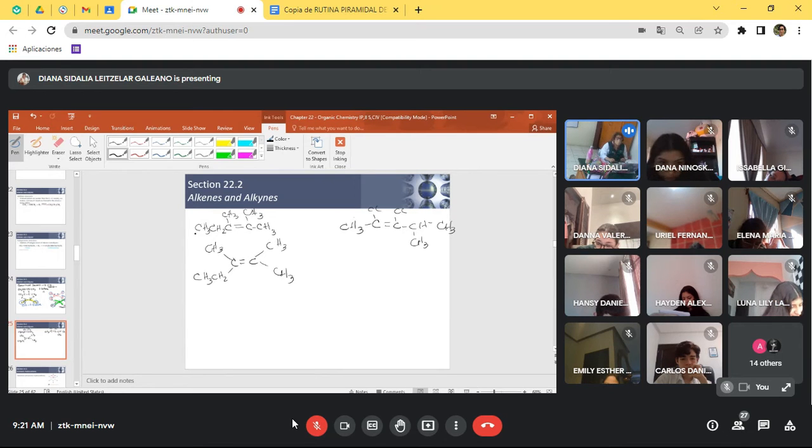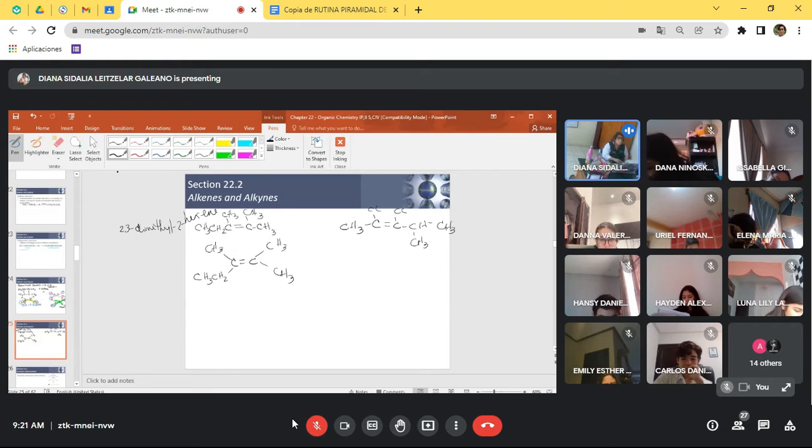So let's name it before we start. The name of this compound is... Before we start doing cis and trans, we have to name it. So it's easier to name it before we spread out the molecule.